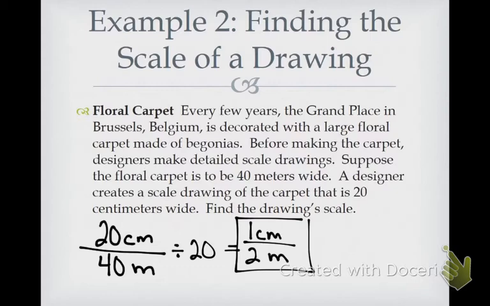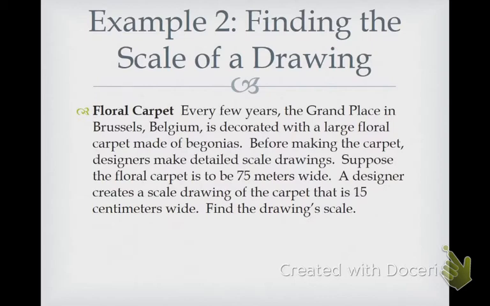All right, you think you can do one? Find the scale. It's going to be the same scenario. To find the scale, you need to set up the scale over the actual and then reduce it so that your numerator is 1.